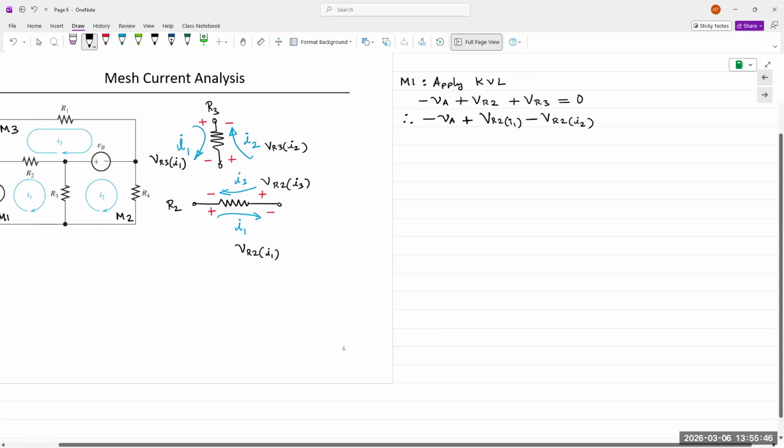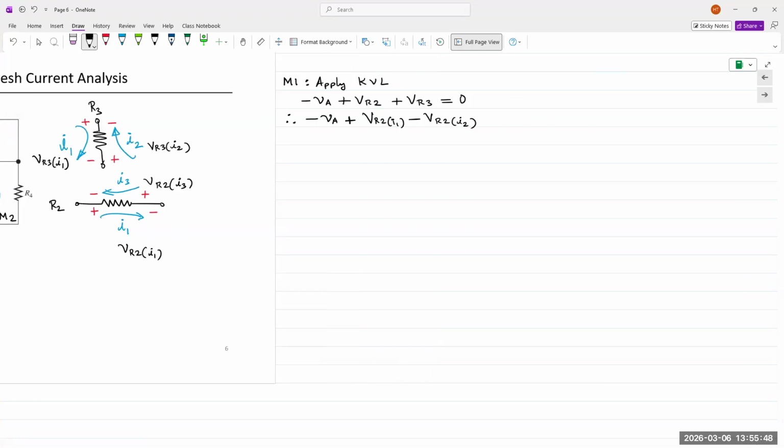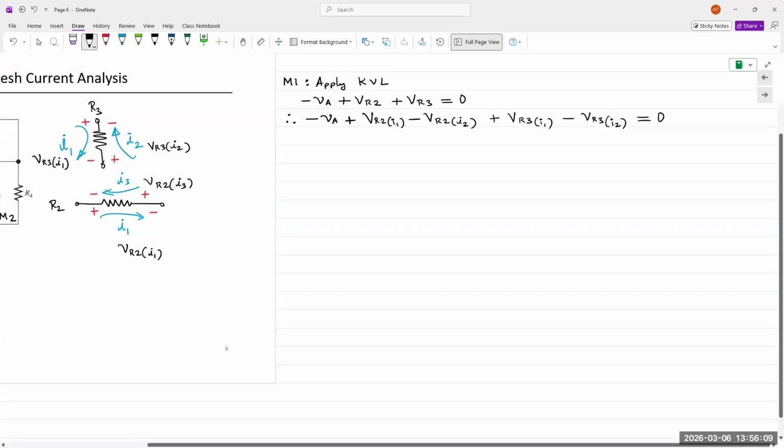Same thing with VR3. VR3 due to I1 is positive, and VR3 due to I2 is negative. And that sums up to 0.